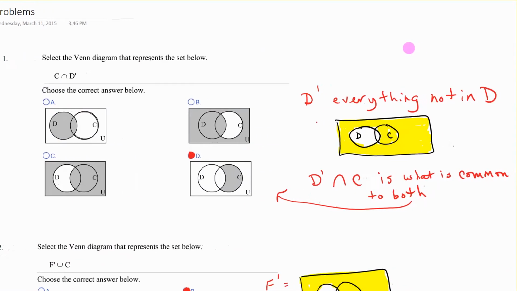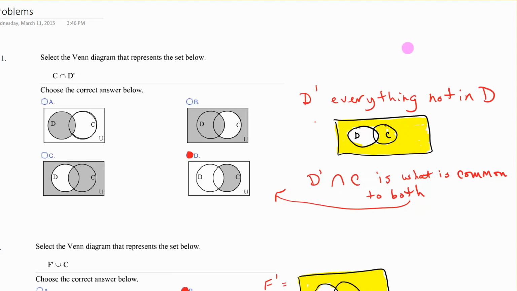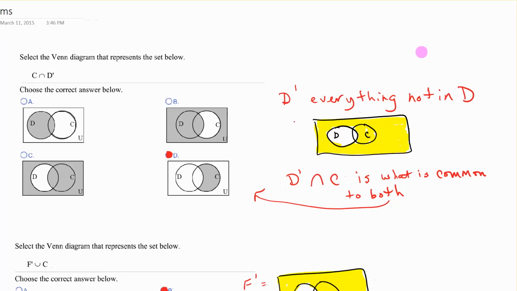All right, number one, select the Venn diagram that represents the set below. So C intersect D prime. And what I find sometimes easier to do is to not look at all the choices, but rather just draw my own and see if I can figure it out. So D prime is everything not in D. And D prime intersect C is what is common to both of those things.